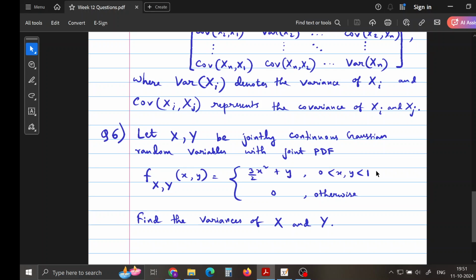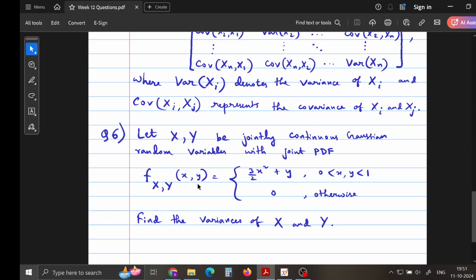So you are given x and y, which are jointly continuous Gaussian random variables, and their joint PDF is given to you. It has two forms depending on the range of x and y. The small x and small y are the values that the random variables capital X and capital Y can take. So capital X and capital Y are the random variables, and small x and small y are one instance, or one value, of those random variables.